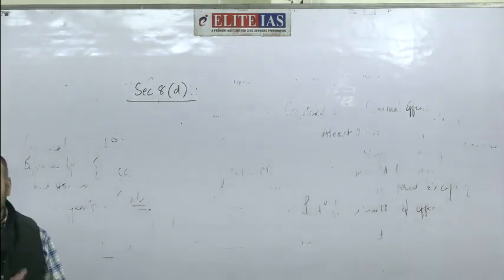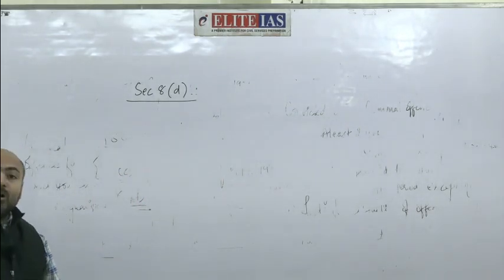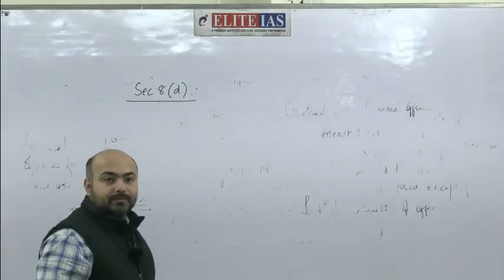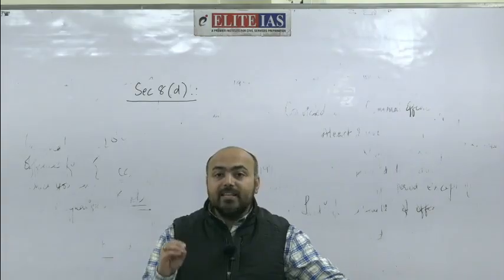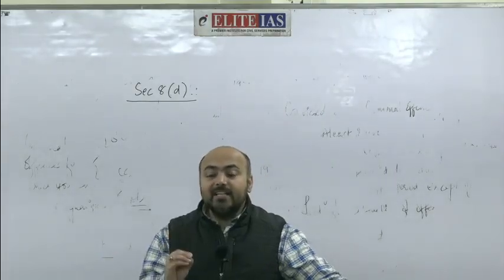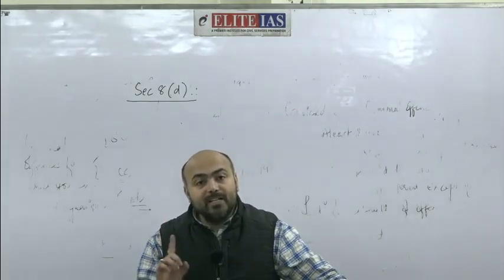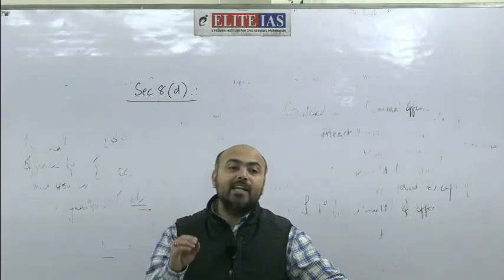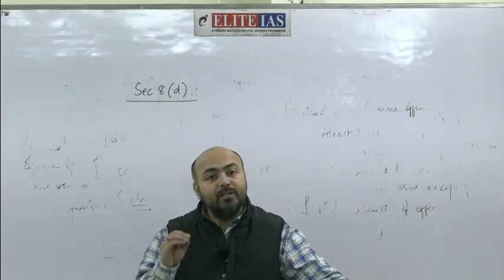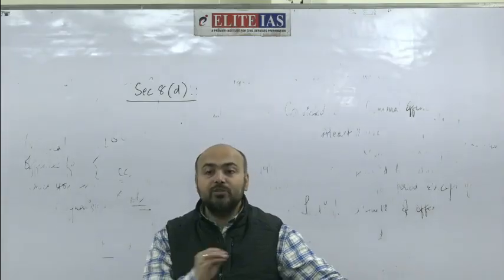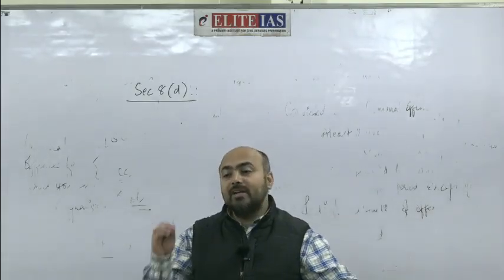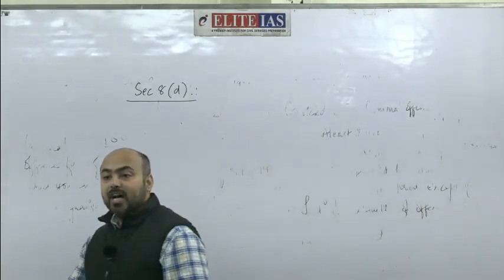On the other hand, if an individual has already been elected to the house, in that case he will not automatically be disqualified. Rather, he will be given the opportunity to appeal, and until his appeal is disposed of, till that time he will remain and serve as a member of the house.